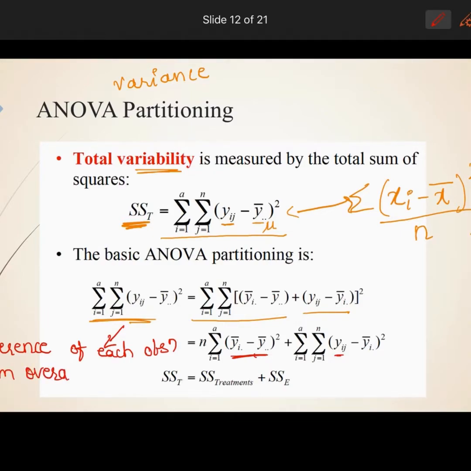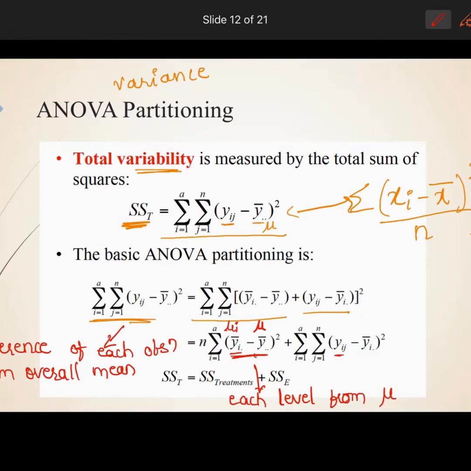Okay, so that is the total sum of squares for us, and this component here represents, so y i bar was nothing but mu i, right? So mu i minus mu here. Okay, so this is the difference of each treatment or each level from the overall mean.